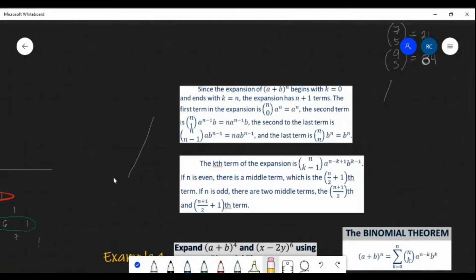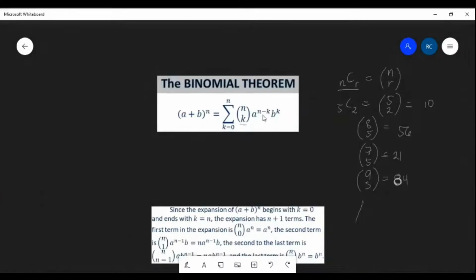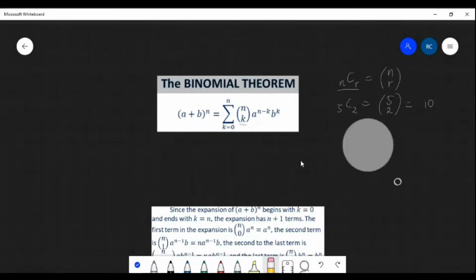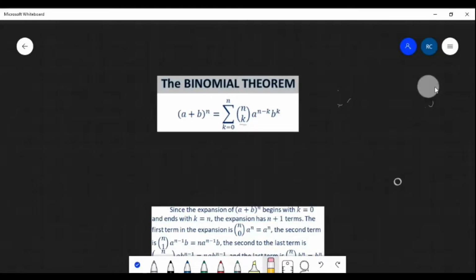Let's go to the binomial theorem formula. If we expand this using the sigma notation we learned previously, the first term is n combine 0. Take note, k starts with 0. So, n combined with 0, a raised to n minus 0. Remember that k is equal to 0. Next, b raised to 0.